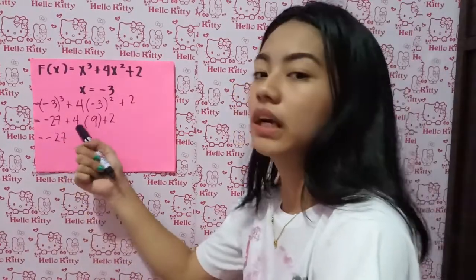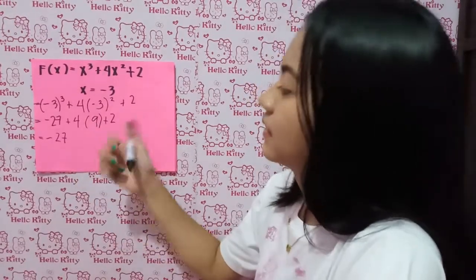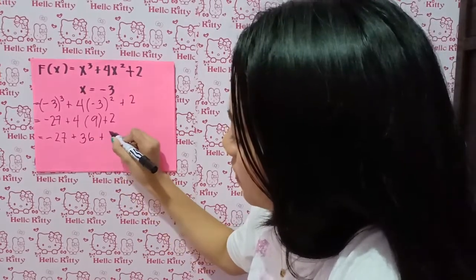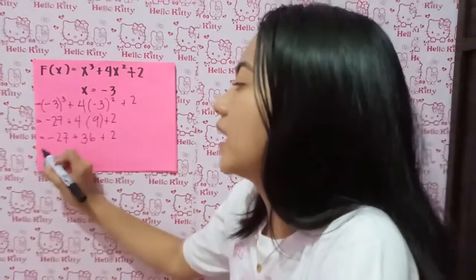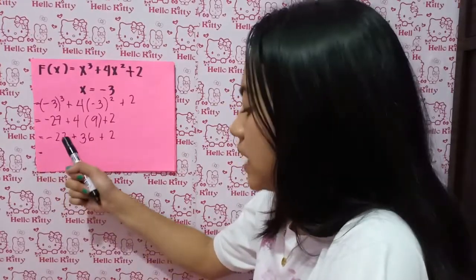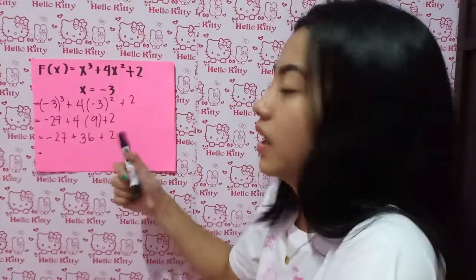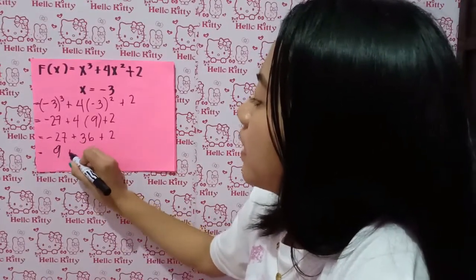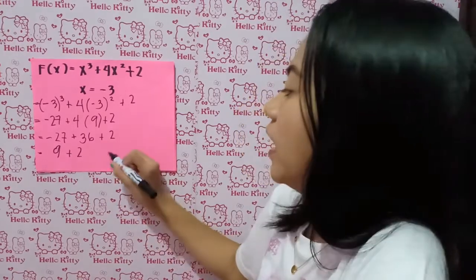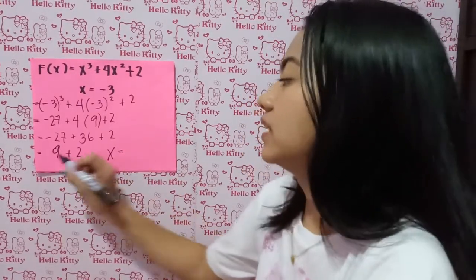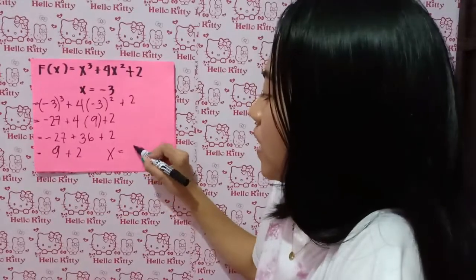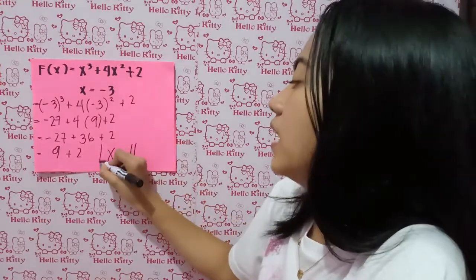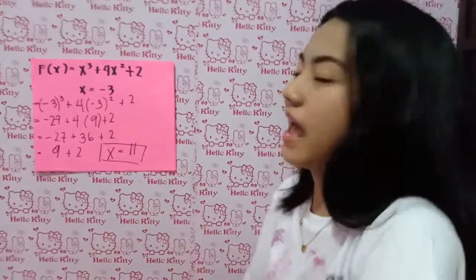Then 4 times 9 is equal to 36, plus 2. Next is negative 27 plus 36 is equal to 9, plus 2. And the final answer is 9 plus 2 is equal to 11. So that's our final answer.